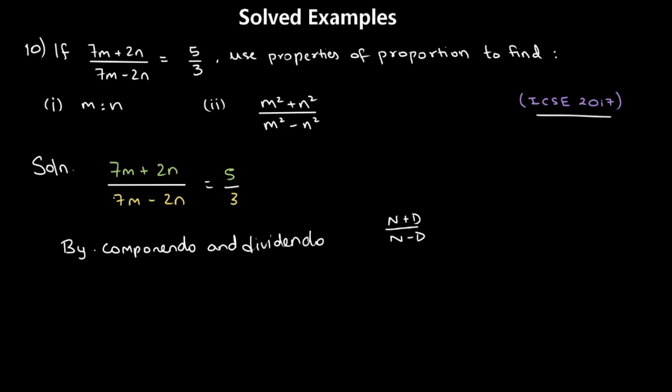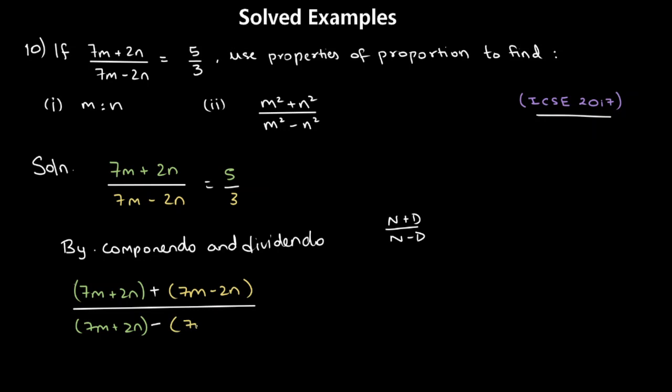When I apply componendo and dividendo to this proportion, on my left hand side I have 7m + 2n, my numerator, plus my denominator, which is 7m − 2n, entire thing divided by my numerator again, 7m + 2n, minus my denominator, which is 7m − 2n, right?